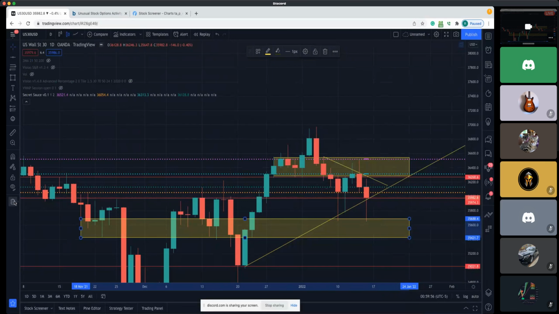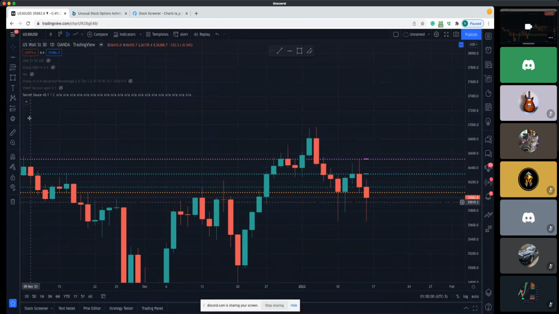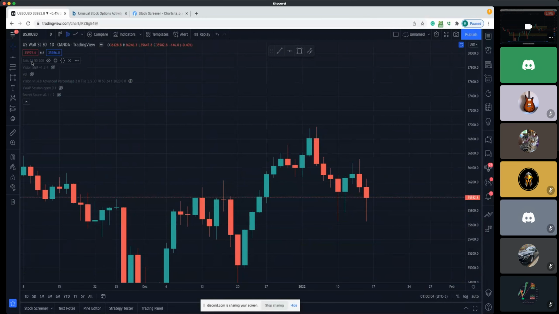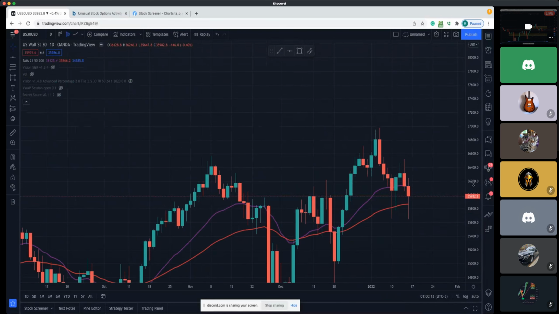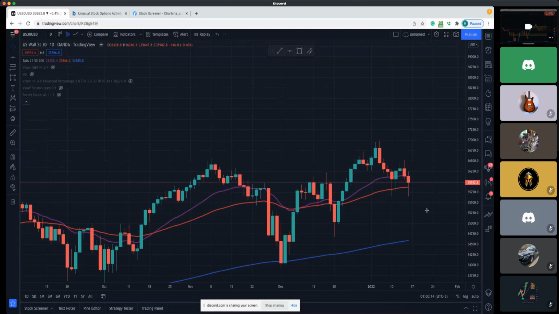I only use it on US 30. If I'm trading stocks, I'm only caring about the VWAP. But I do suggest you look at the 200 and the 50 on daily charts on the stock market and probably even on US 30.